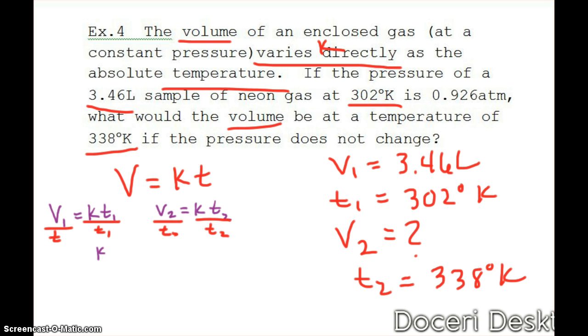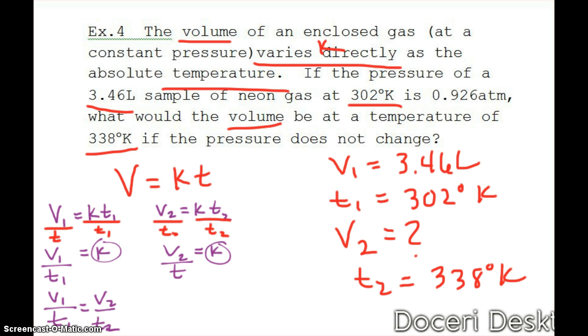I get K equals volume over temperature, and K equals volume over temperature here as well. Since both of them equal K, I can set them equal to each other. So volume 1 over temperature 1 equals volume 2 over temperature 2. And then we'll just fill it in with what we have.